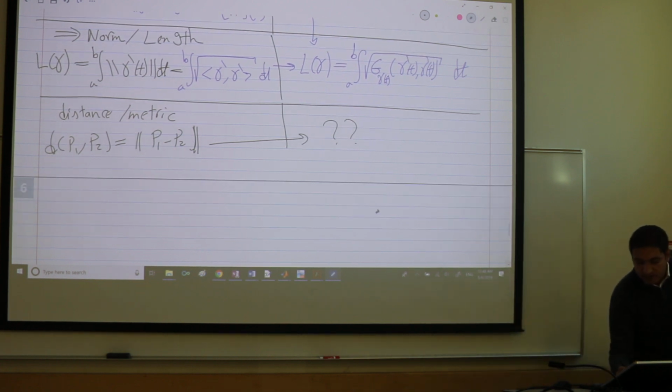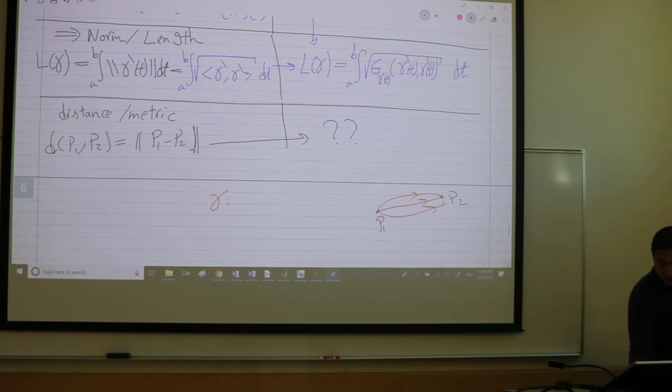So if you have two points, P1 and P2, obviously I can connect them with some curve, like gamma, or another curve, or a third curve. So I can construct gamma that takes [0, 1] to M, such that gamma of 0 is P1 and gamma of 1 is P2. I can do that very well. In particular, I can compute the length of gamma.